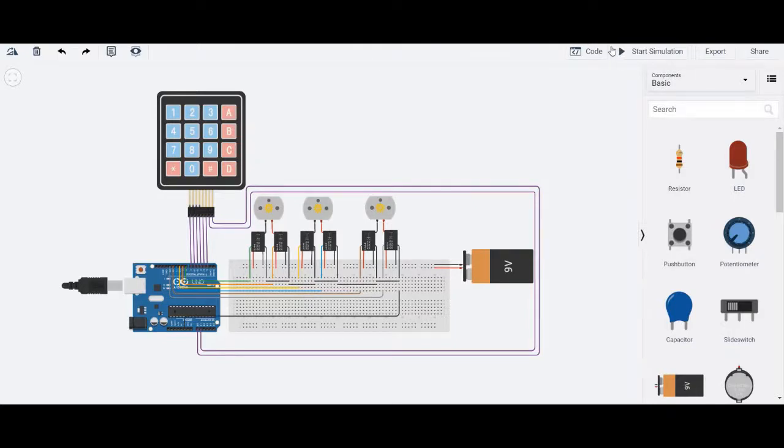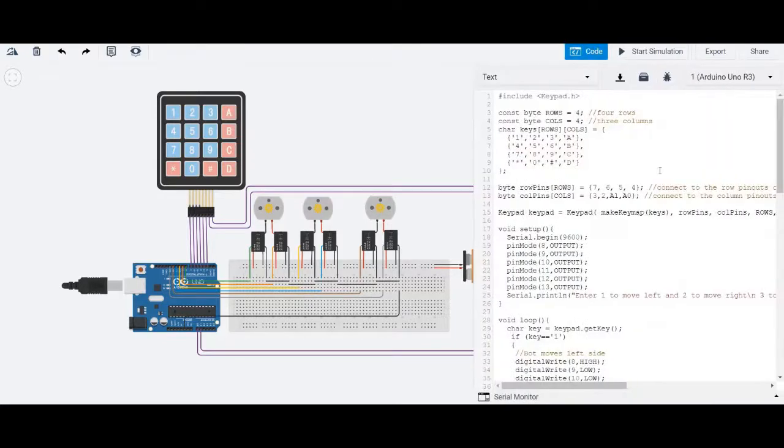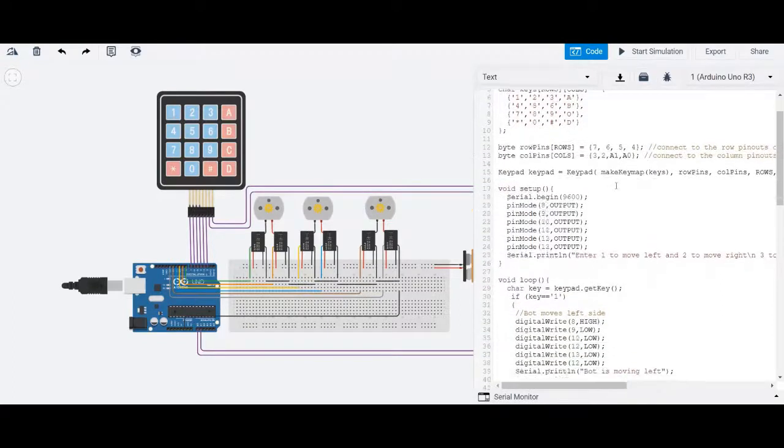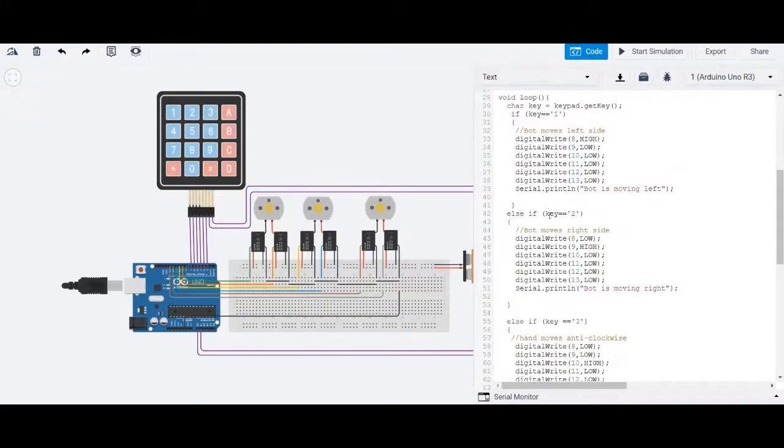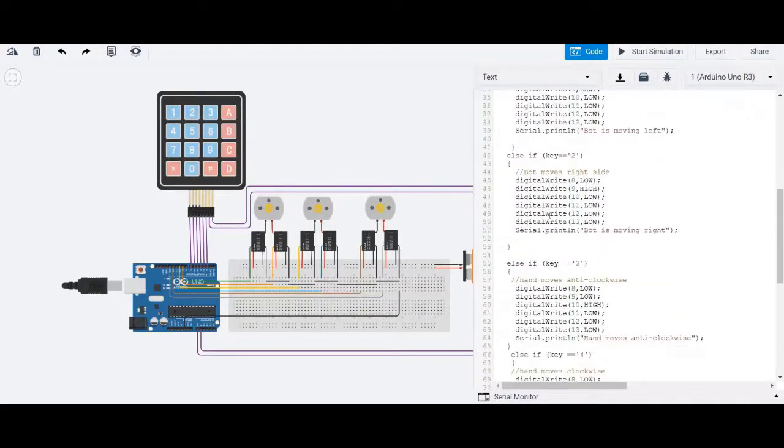Now this is our code, which we'll be using for our Carom board. In this code, we can clearly see the six pins we'll be using for our DC motors, and these are the eight pins we'll be using for our keypad. And this is how our code looks.